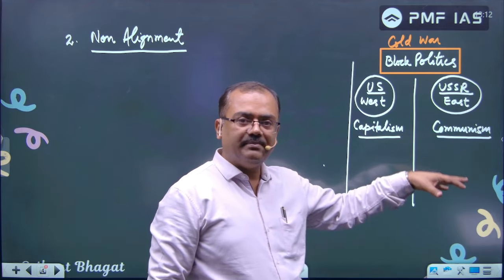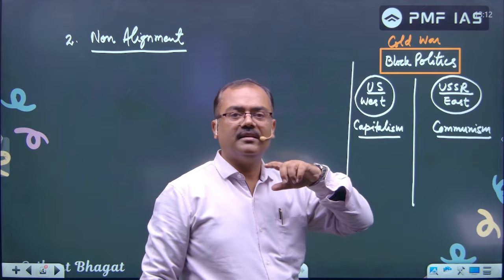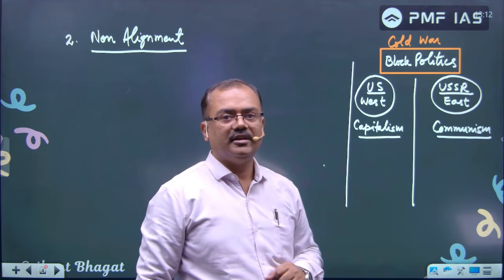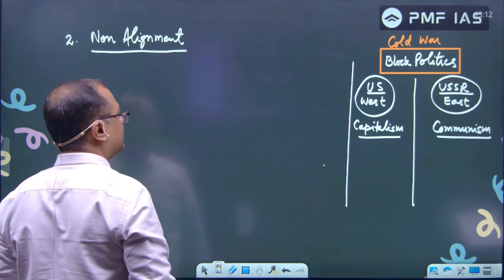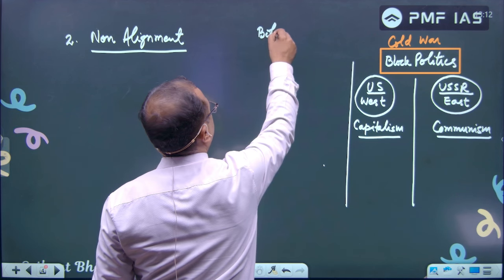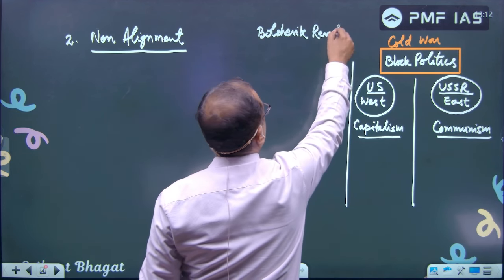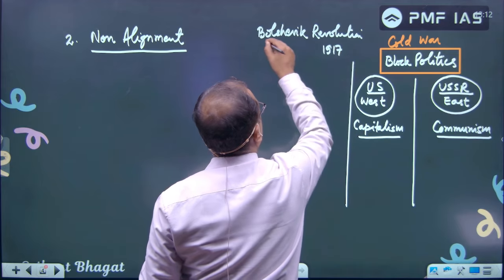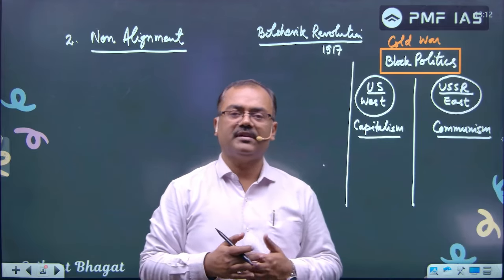Communism was established in the USSR, meaning Russia. Russia had a revolution in 1917, which we call the Bolshevik revolution. With the Bolshevik revolution, Lenin came to power.